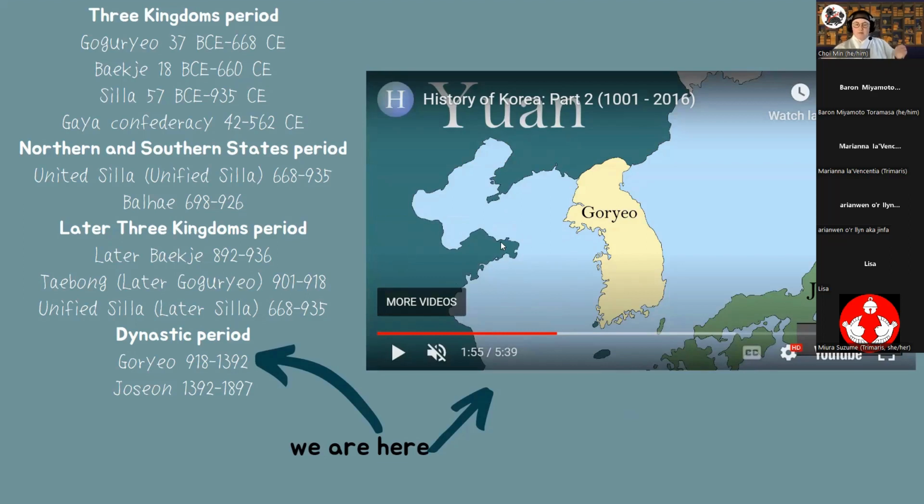And then you can see Goryeo on the map is depicted as a separate entity again. That's a dynamic you're going to see in the clothing. You're going to see a sudden change when the Yuan dynasty comes to power to wearing very Mongol style clothing.